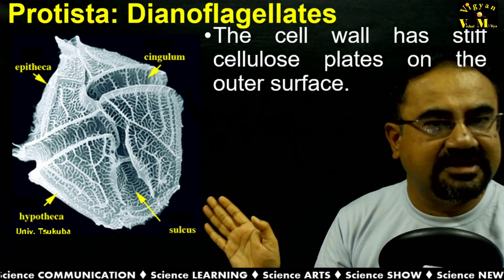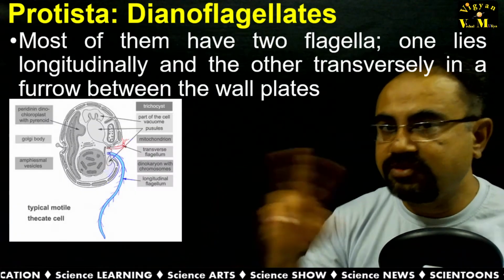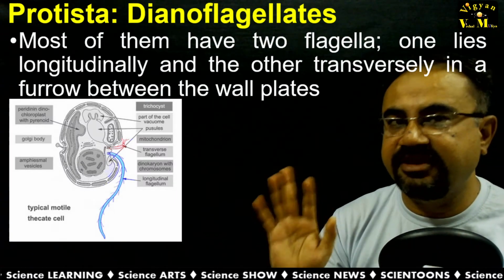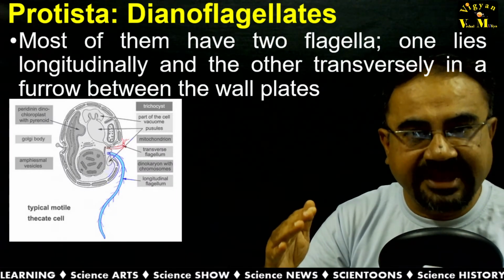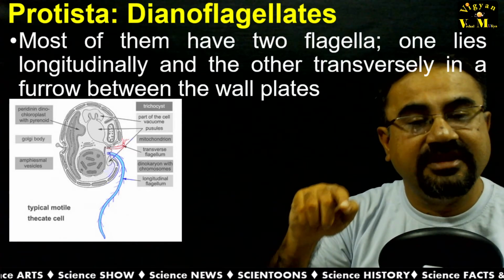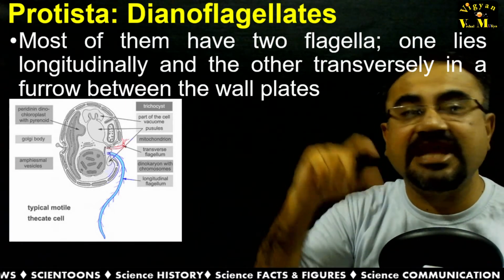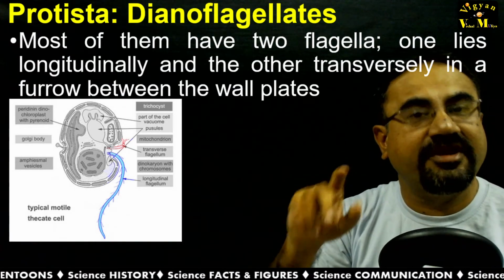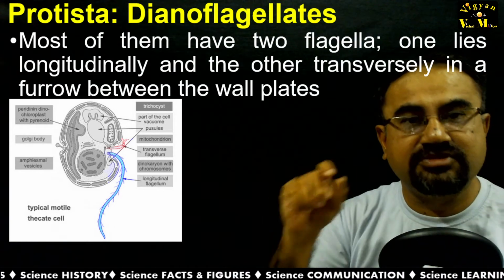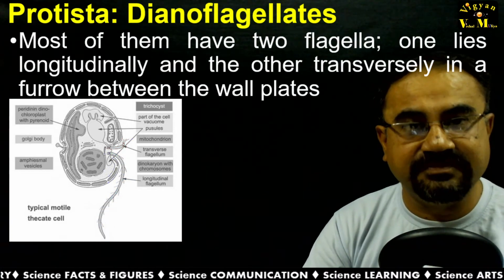One can see that stiff cellulosic plate here. Mainly they have two flagella. One lies longitudinally and one lies transversely, and that transverse one is present in the furrow between the cell wall plates. That's why Dinoflagellates are two-flagella-containing organisms.